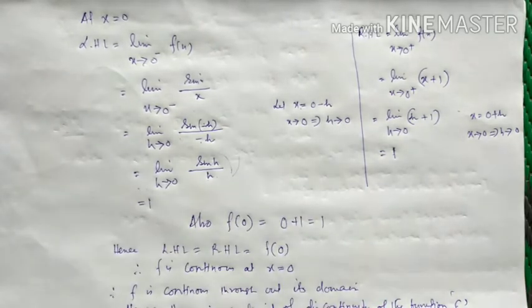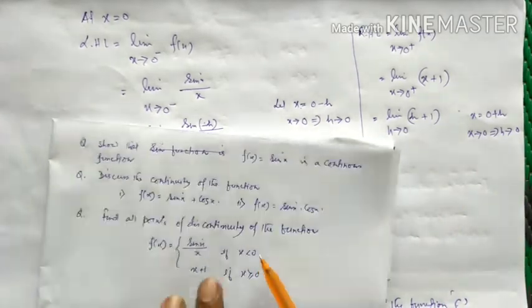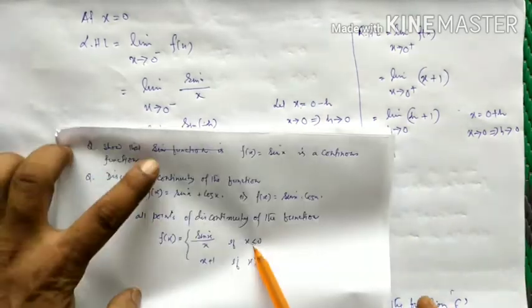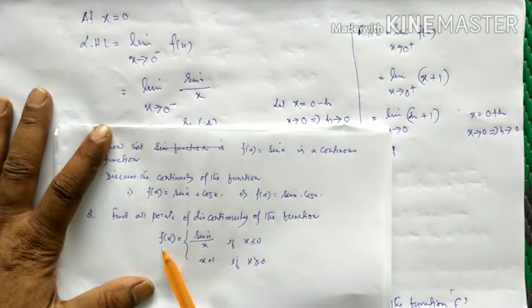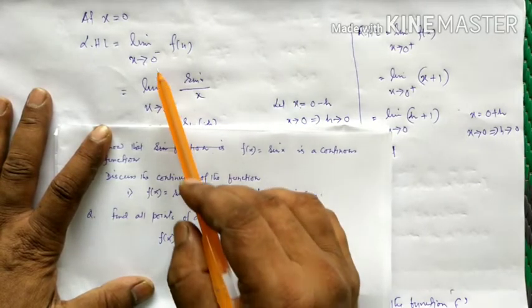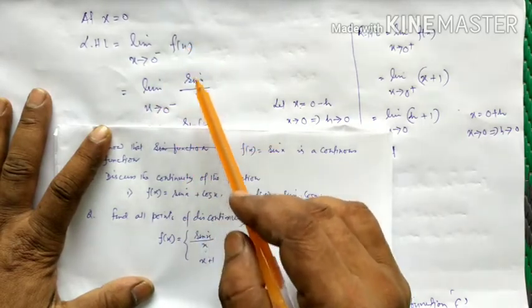And when x is less than 0, your functional value is sin x by x. Clear? From the function you see this is your function. When x is less than 0, f(x) is equal to sin x by x.